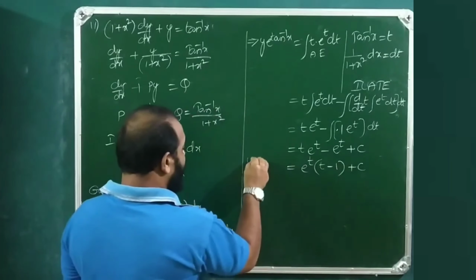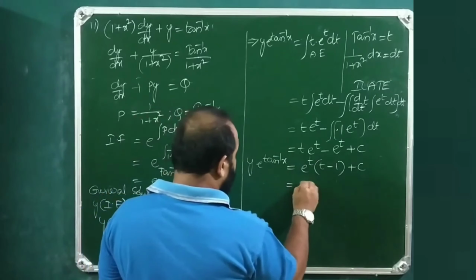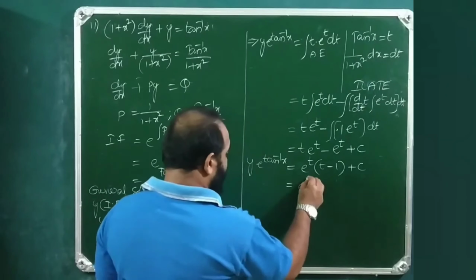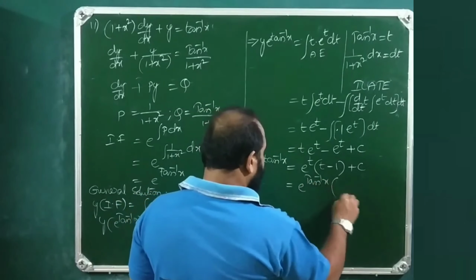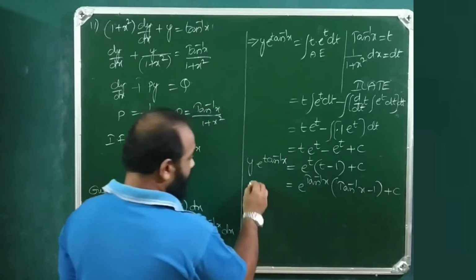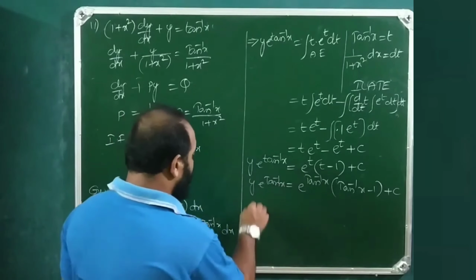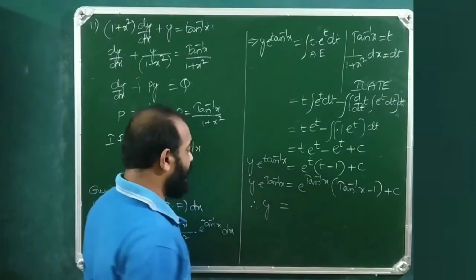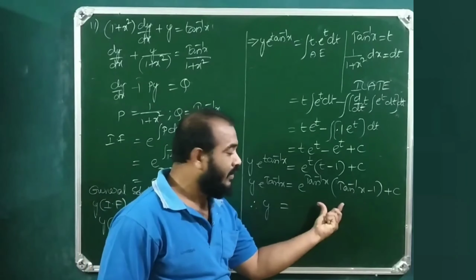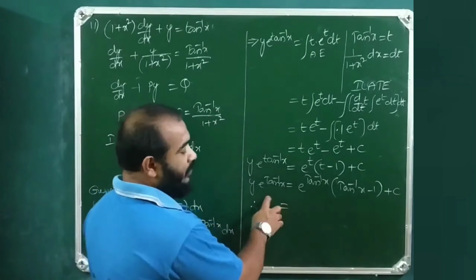This is equal to y into e power tan inverse x. So replace t by tan inverse x, which we have taken before. This is e power tan inverse x into (tan inverse x minus 1) plus c. So y into e power tan inverse x equals this. Therefore y equals this; since e power tan inverse x is multiplying, if you take it to that side, it will divide both terms. e power tan inverse x by e power tan inverse x is 1.